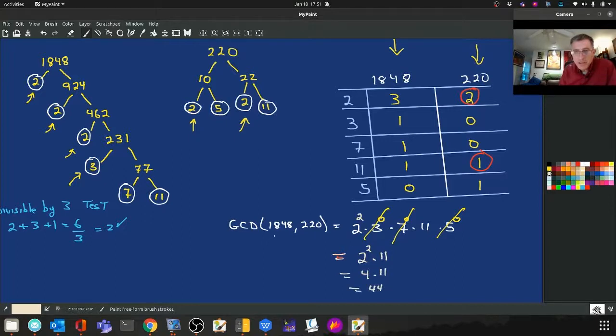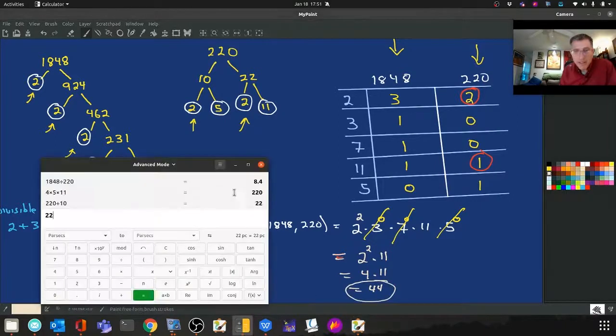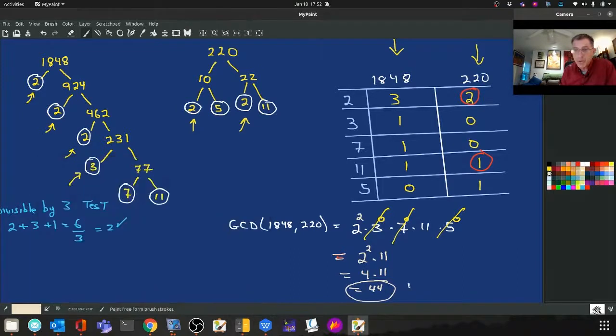So the GCD of 1,848 and 220 is 44. That's our final answer. And we can actually check that 1848 is divisible by 44, and that 220 is also divisible evenly by 44, and that's the largest number that evenly divides both of them.